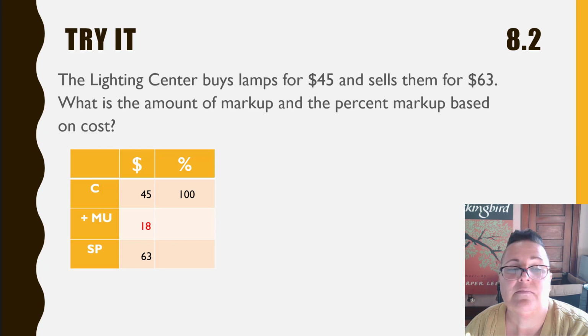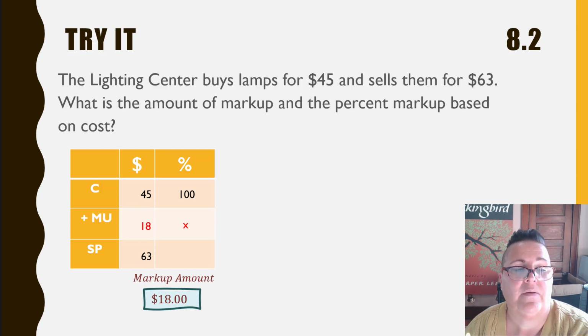So the percent markup is the last thing I need to find. So in my markup row, in the percent column, because that's missing, that's going to be my X. And then I'm going to state that I did know the markup amount was $18. Now, remember I had those little blocks.